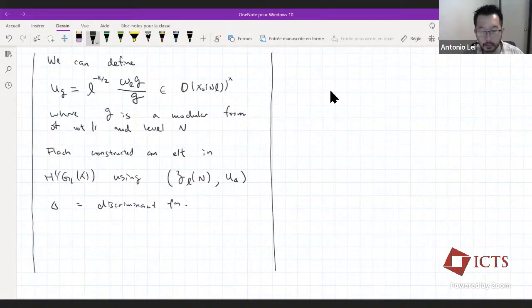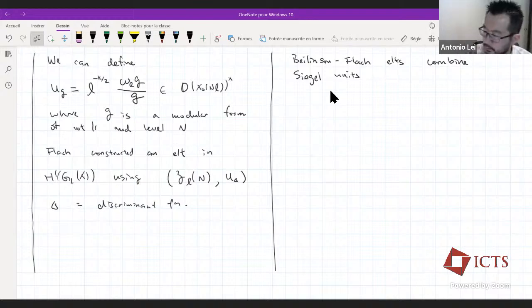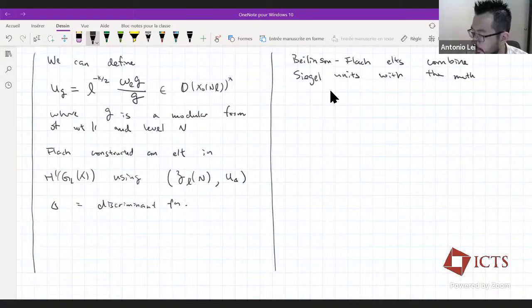And so now I want to move on to what we call the Beilinson-Flach elements, which is somehow inspired by the two constructions you have seen, the Beilinson-Kato element and the element of Flach. Beilinson-Flach elements combine the Siegel units used in the Beilinson-Kato elements with the method of Flach.